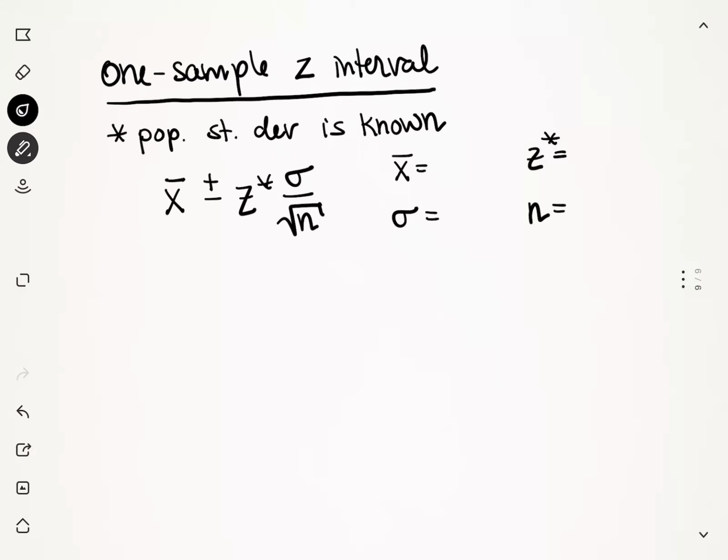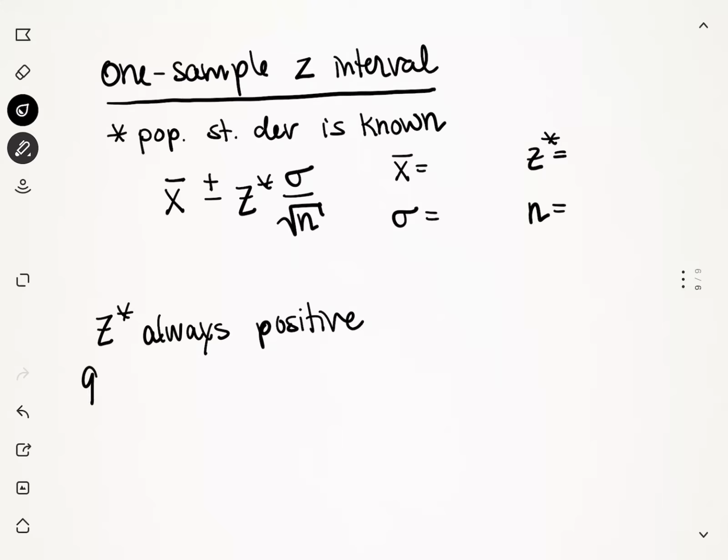Now keep in mind that critical z values are always going to be positive. Always, always positive. And that's true for critical t as well. These critical values are always positive. When you find them, you can get the common ones memorized.